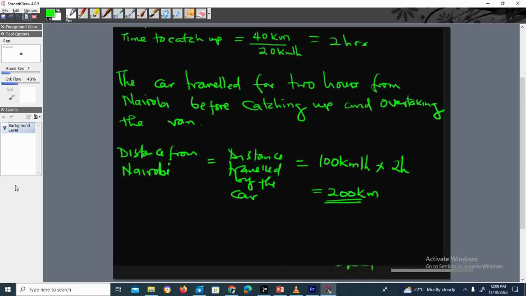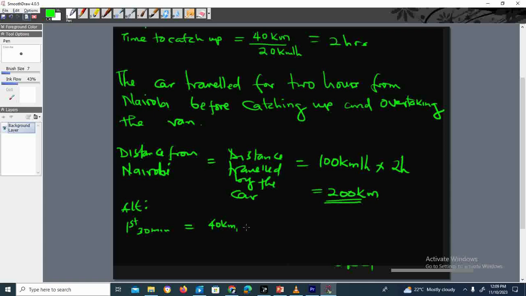Alternatively, you can use the van. Within the first 30 minutes, the half an hour, the van had covered 40 kilometers from Nairobi. Then it also kept moving within the 2 hours the car took to catch up with the van.